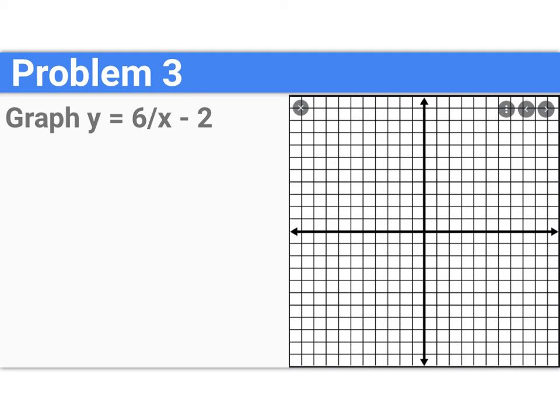Okay, so let's graph y equals 6 over x minus 2. If I set x equal to 0, that means the y-axis is my vertical asymptote, and negative 2 is my horizontal one. I'm just drawing that in here, and I'm going to graph it, and it's going to look something like this, and something like that.